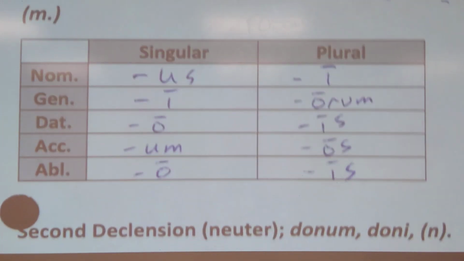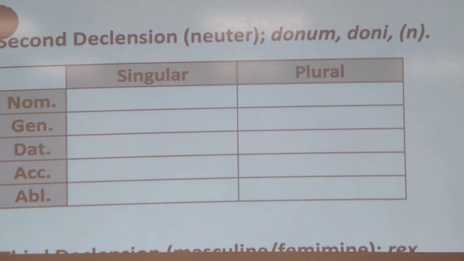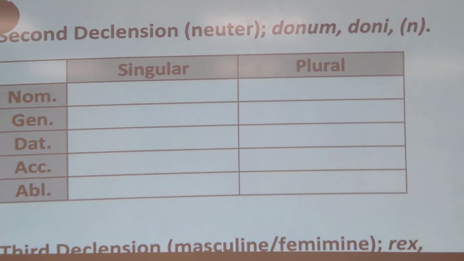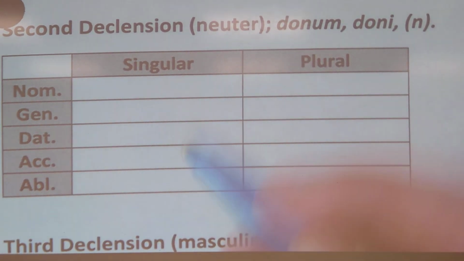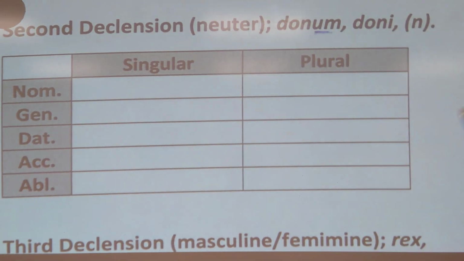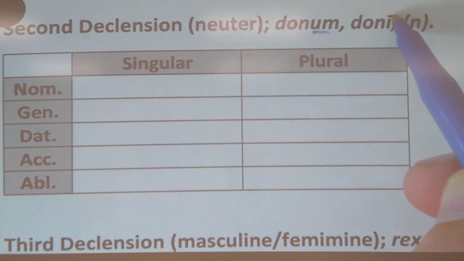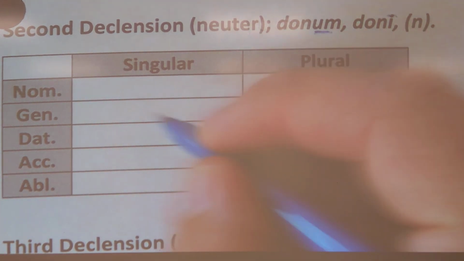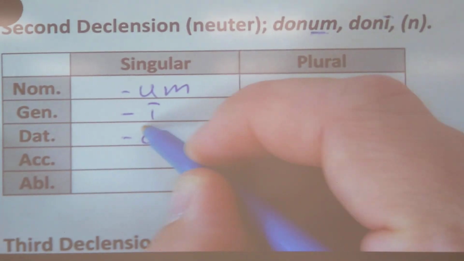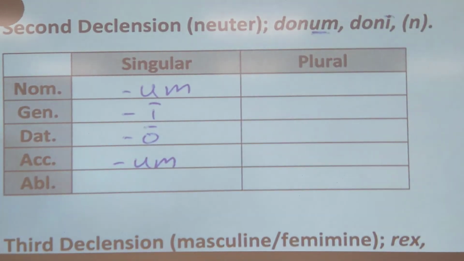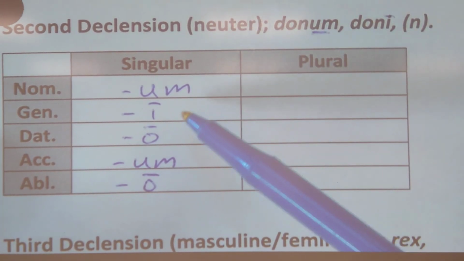For second declension neuter, they're almost the same, with just a couple of places where they're not. They start off with um, i, again with a long mark, o, um, o.